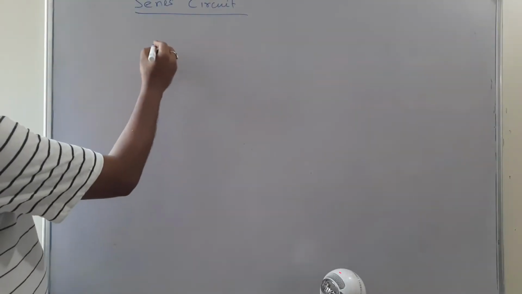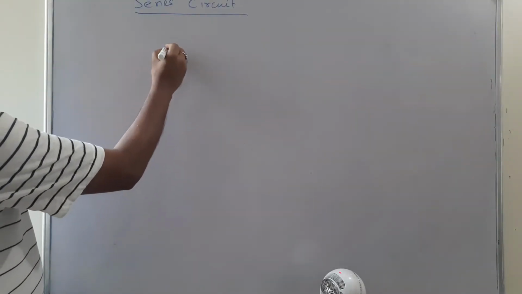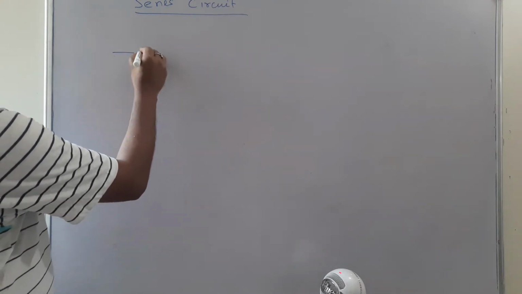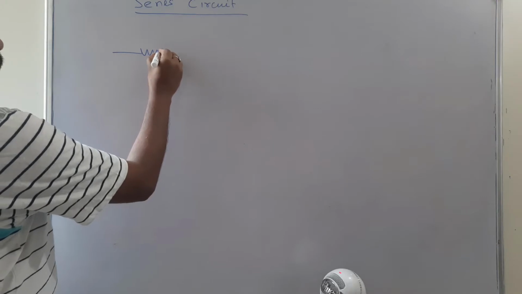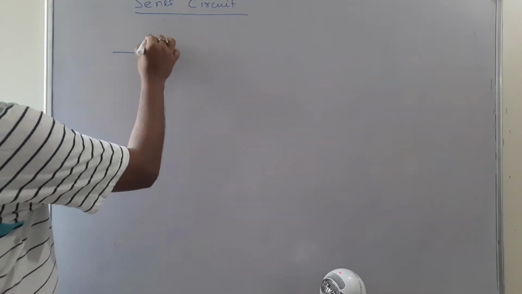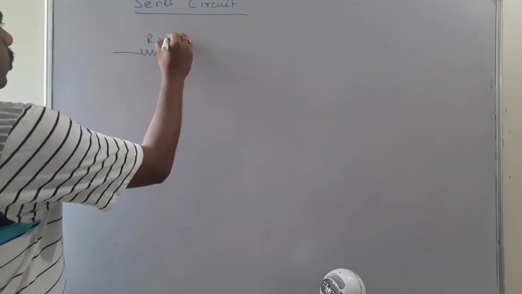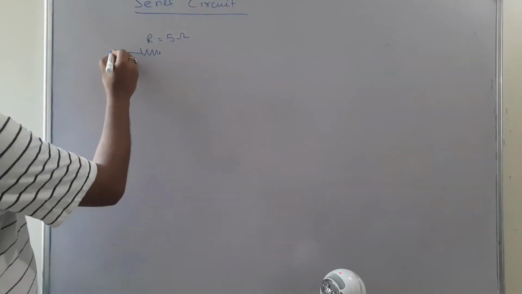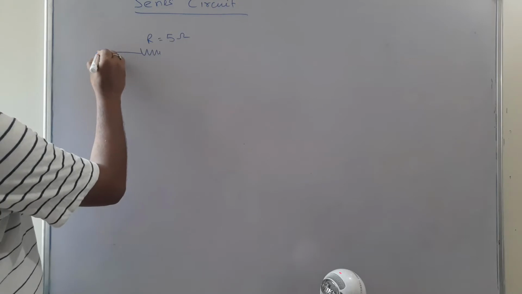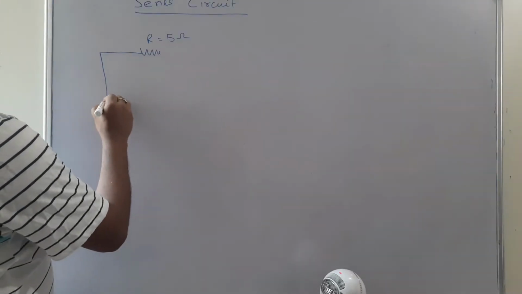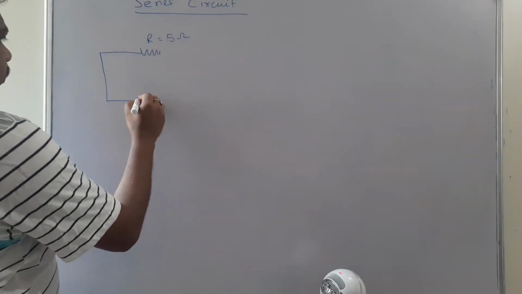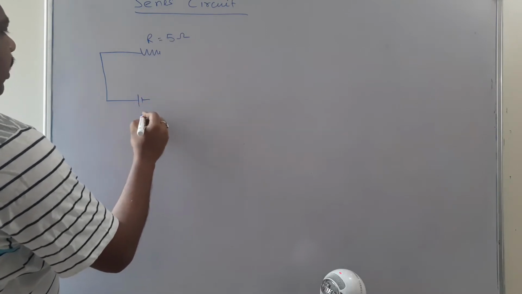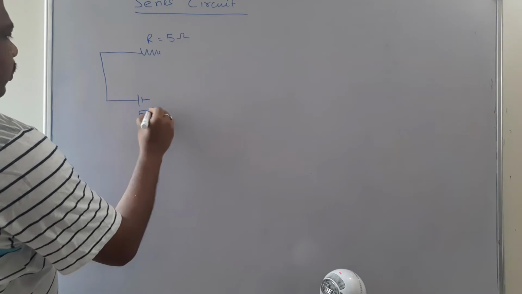Let's say this is a resistance R. Okay, so R equal to 5 ohm and it's connected with a battery of, let's say, 5 volt.